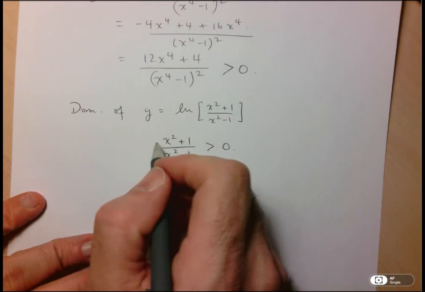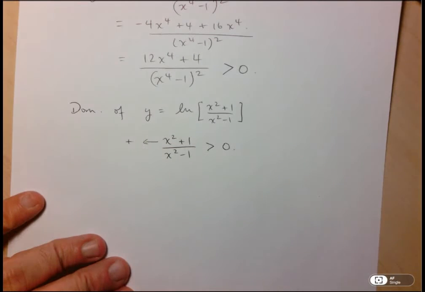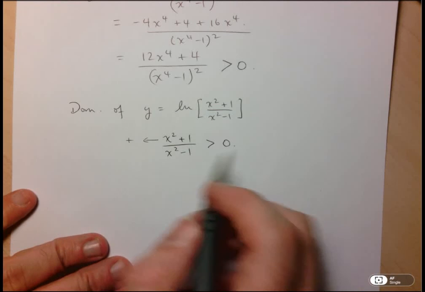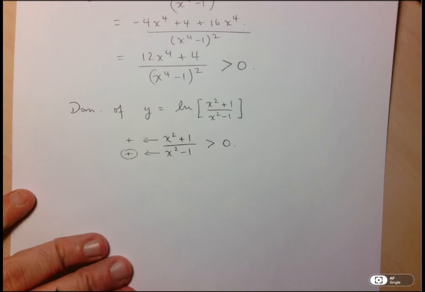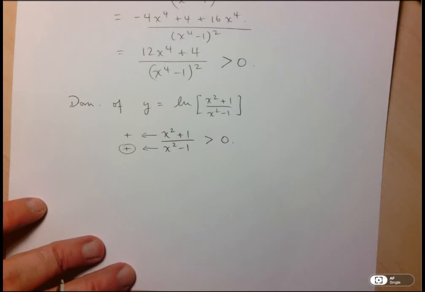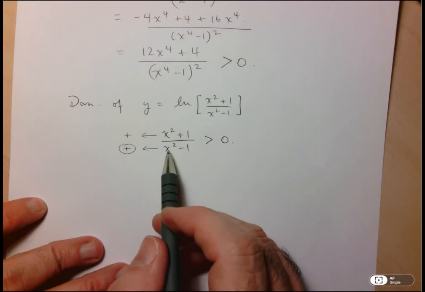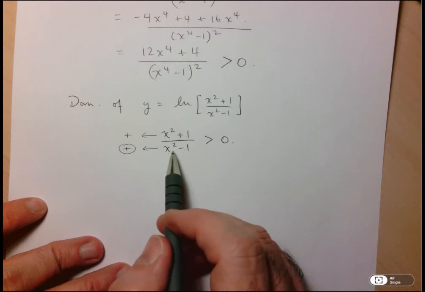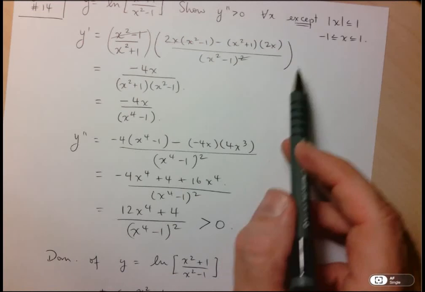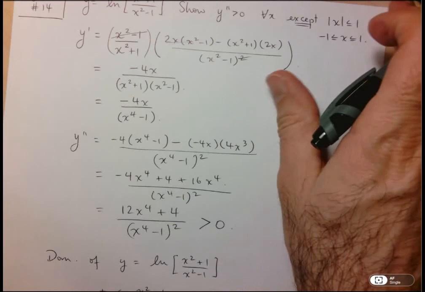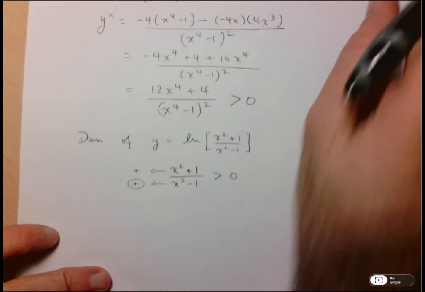Now the numerator is always positive, so I need to determine where the denominator is also positive. Notice that we do have the restriction that x can't be equal to 1 and negative 1. So we've already satisfied the endpoints of this interval, meaning they can't be included in our answer.